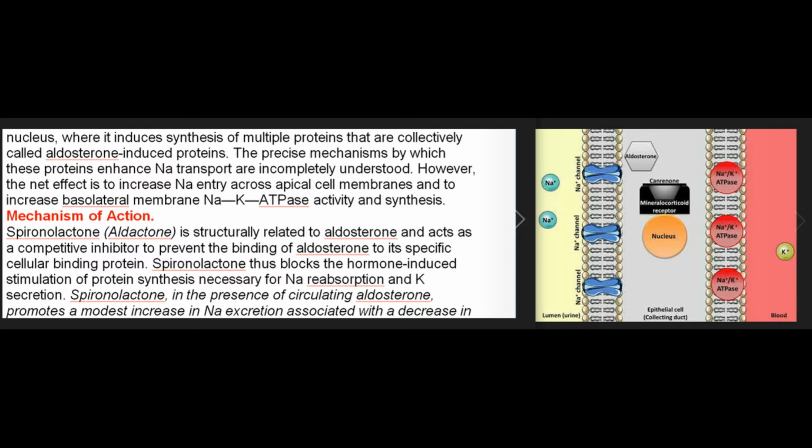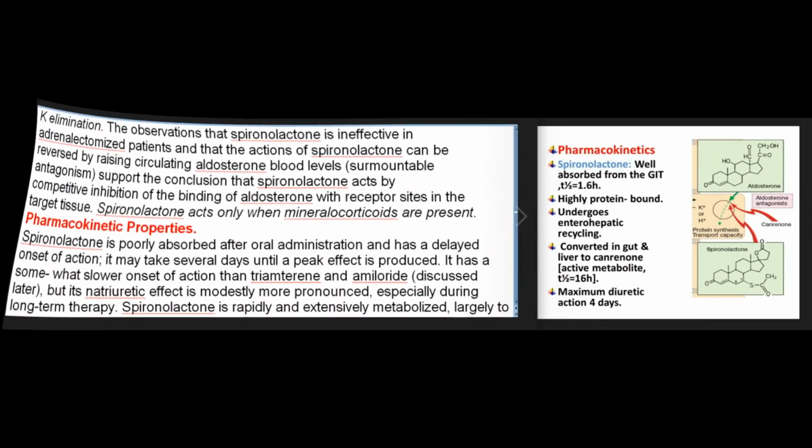Spironolactone, Aldactone, is structurally related to aldosterone and acts as a competitive inhibitor to prevent the binding of aldosterone to its specific cellular binding protein. Spironolactone thus blocks the hormone-induced stimulation of protein synthesis necessary for Na reabsorption and K secretion. Spironolactone, in the presence of circulating aldosterone, promotes a modest increase in Na excretion associated with a decrease in K elimination.